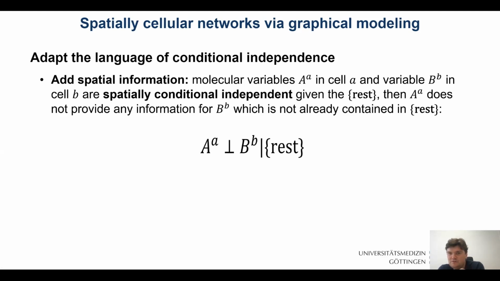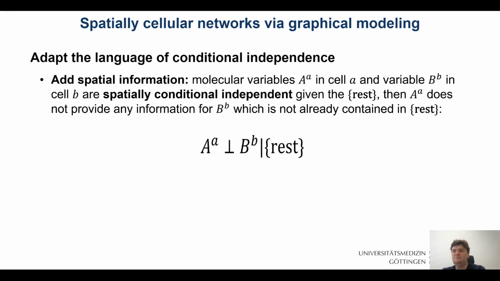And what it reads here is molecular variable A in cell a and variable B in cell b are spatially conditionally independent given the rest. Then A does not provide any information for B which is not already contained in the rest, of course, in cell a and b, respectively.